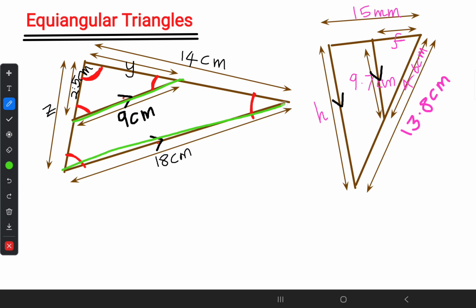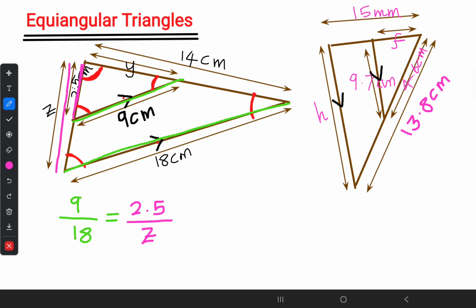From the small triangle 9 centimeter, from the big triangle 18 centimeter. 9 divided by 18 should be equal to, in the next side, look here, in the small triangle this side, in the larger triangle the larger side, 2.5 upon z. And next one, in the small triangle y, in the larger triangle 14.